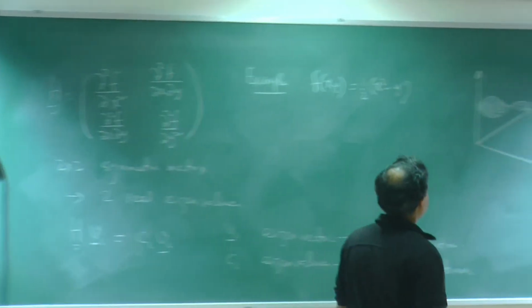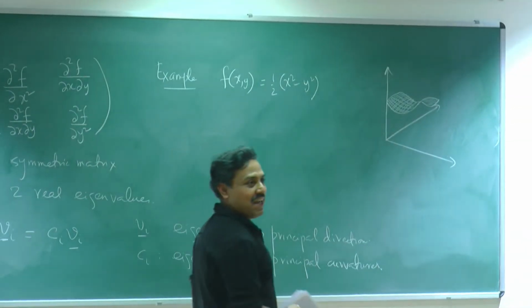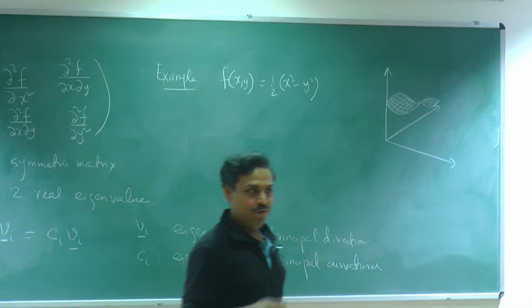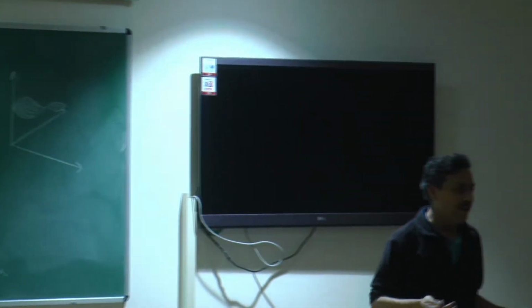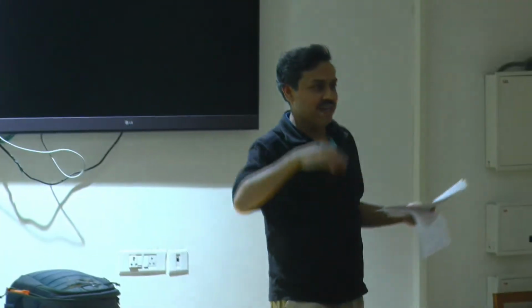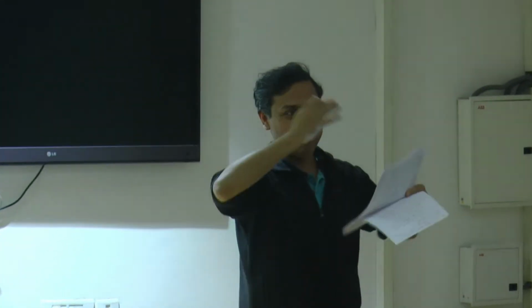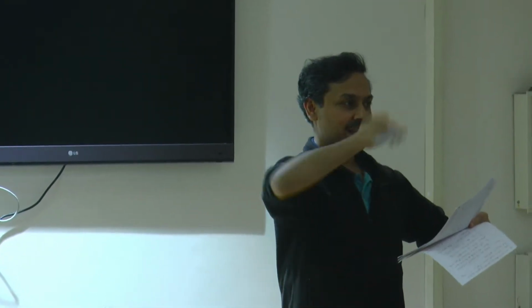If I look at that surface, even if you did not know much about it, and I asked you, can you tell me how many curvatures there are in this? You'd say, oh, there is one which curves up like that, and the other one which goes like this. Let's call this x, that y, and that z.